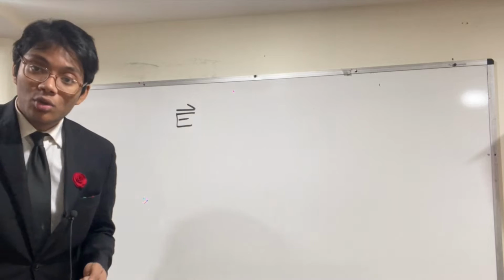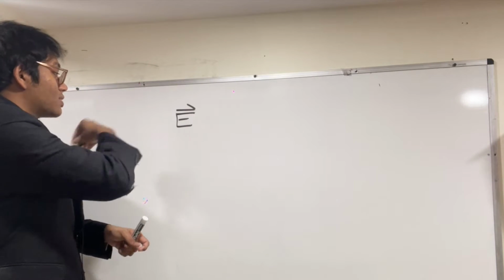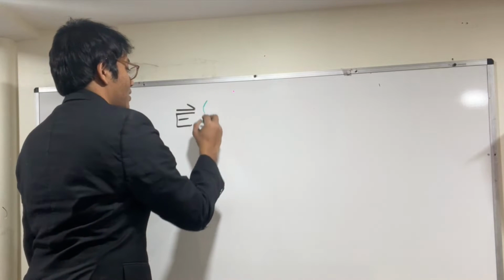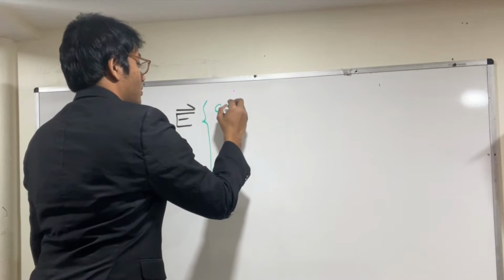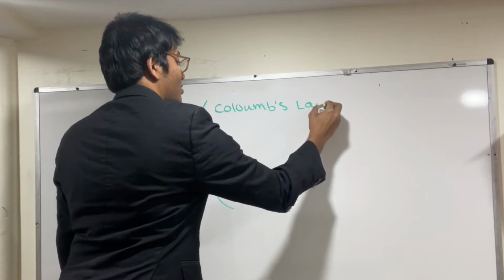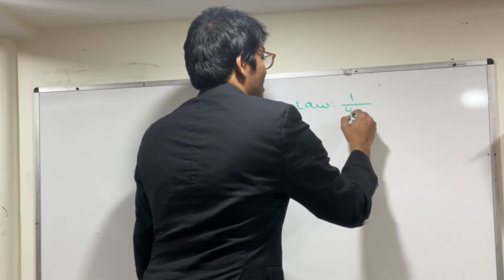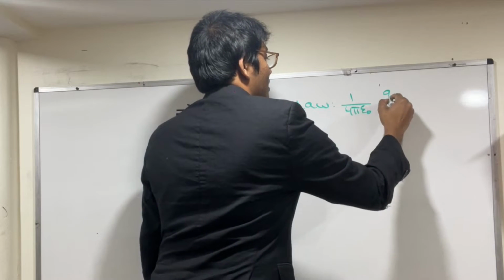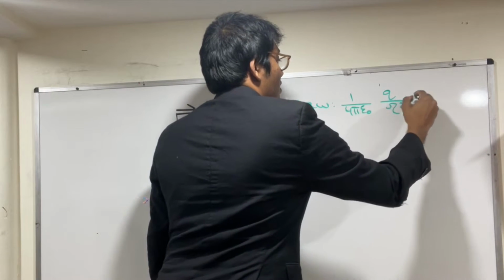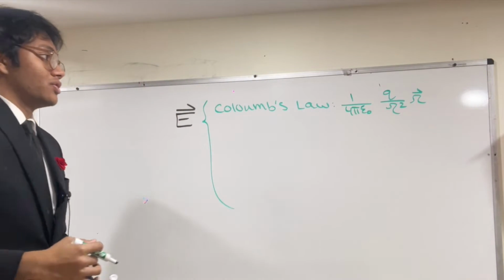The oldest tool in our toolkit is Coulomb's law. Coulomb's law tells us that the electric field is an inverse square field, just like gravity, which is equal to 1 over 4 pi epsilon naught q over r squared r vector for an arbitrary point charge.